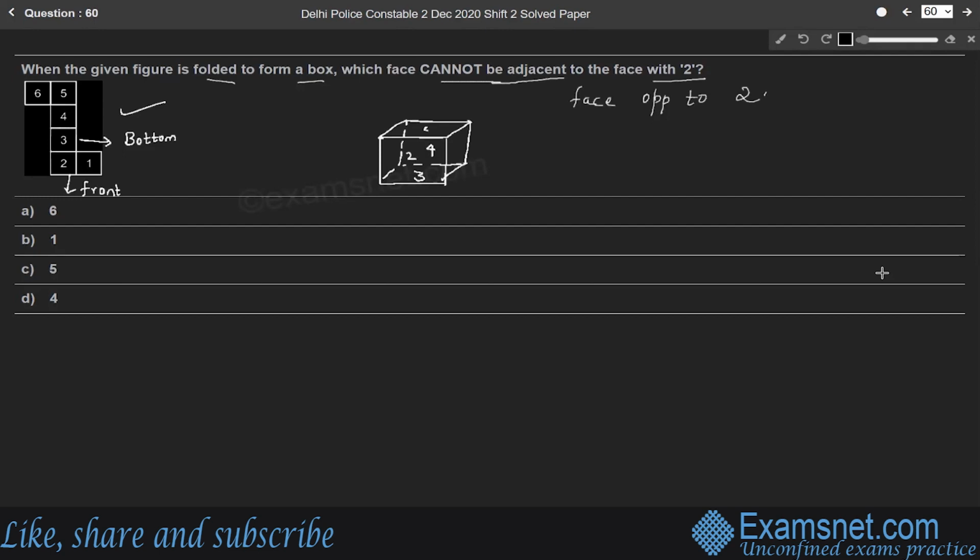And 5 becomes the top face. And 6 becomes left and 1 will be on the right. So here the question is the face opposite to 2 is 4, right? So 4 is the hind face, 2 is the front face. Therefore 4 is opposite to 2, hence option D.